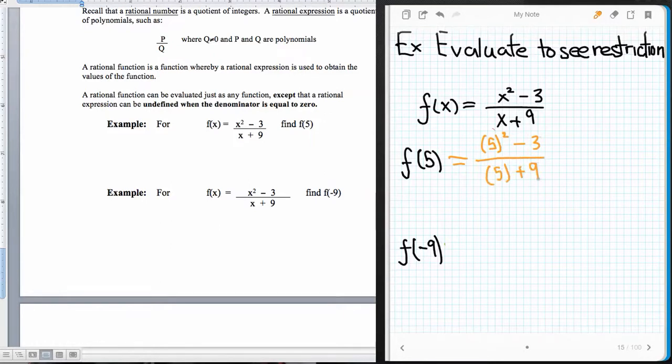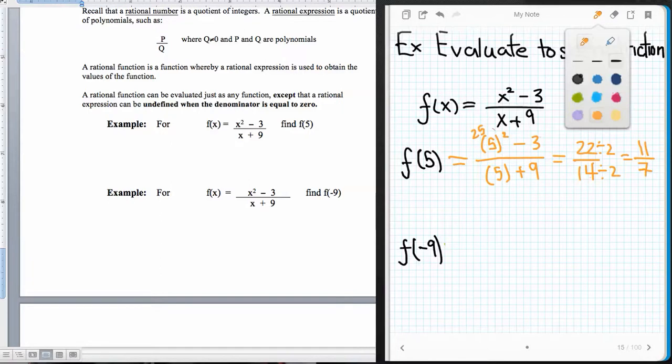And then we simplify, so 5 squared gives us 25, and 25 minus 3 gives us 22, and then 5 plus 9 is 14. There's not much we can do with that except reduce it, so I'll divide by 2 in the numerator and 2 in the denominator, and that's going to give us 11 sevenths. We could change it to a mixed number, but I'm not going to waste my time here, because what we see here is a real number.